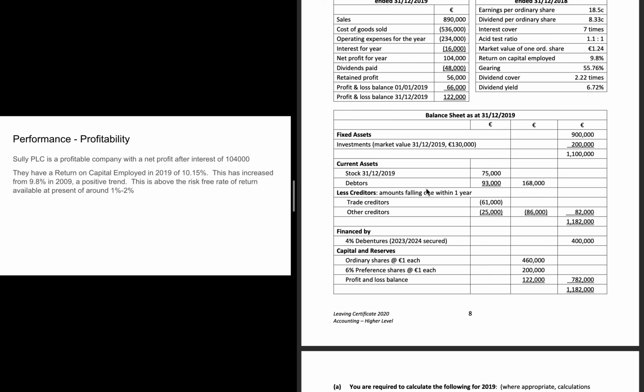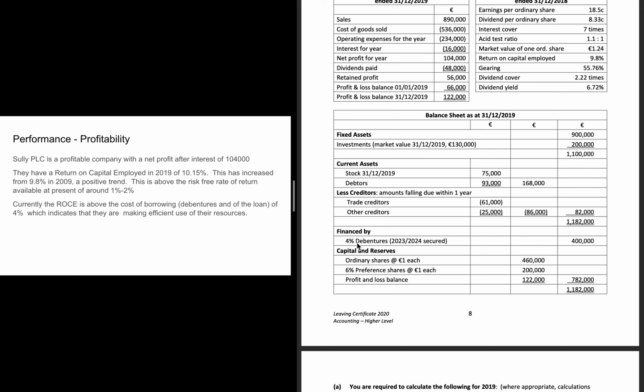So 120 over 1182 is 10.15, and that's up from 9.8. So that's a positive trend. Well above the risk-free rate of return. And also well above the cost of borrowings. So the debentures is 4%. So that's efficient use of resources.